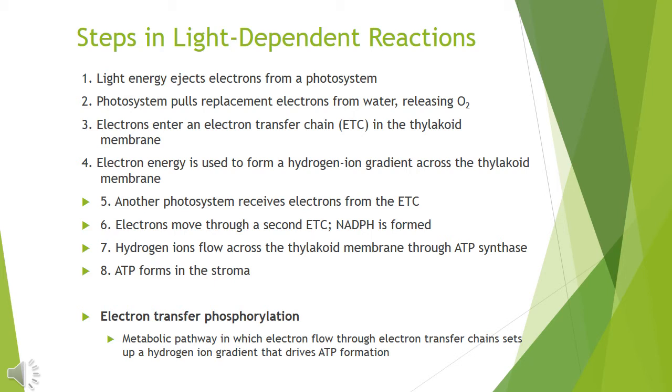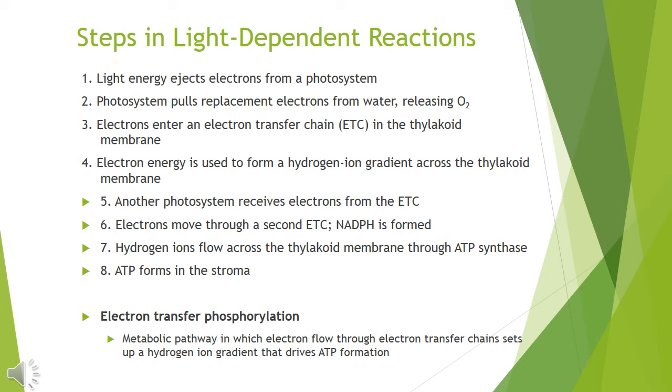So the hydrogen, that's how they get out. Step 5, another photosystem will receive electrons from the electron transfer chain, and they're going to repeat this process again. So they're going to have water and light energy and the hydrogens, and then another electron transport chain, and that second phase, even though it's a repeat, is going to make this coenzyme NADPH, and that's what's formed.